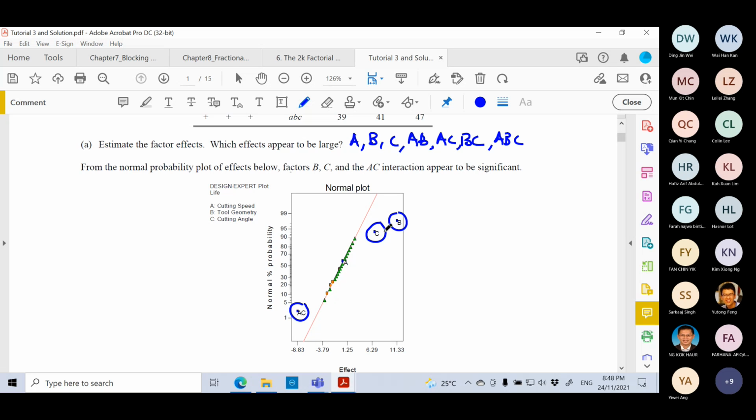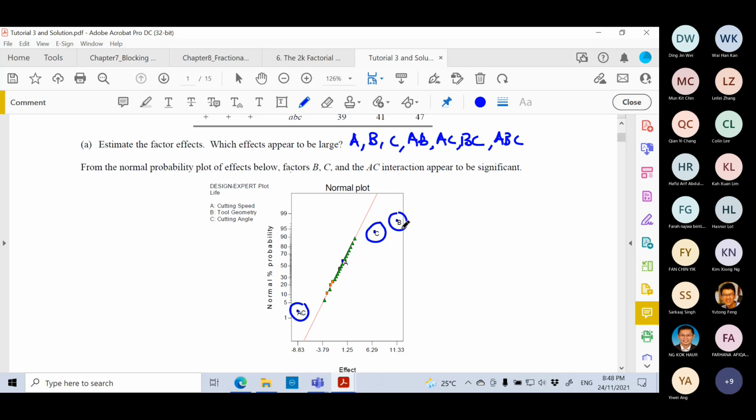Even so, I have mentioned that the points far away from the line are considered important, so I also need not supply the plot. I can just state that from the normal probability plot, we can identify which factors are far away from the straight line. That's all.